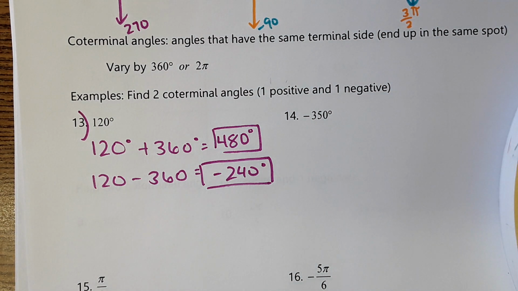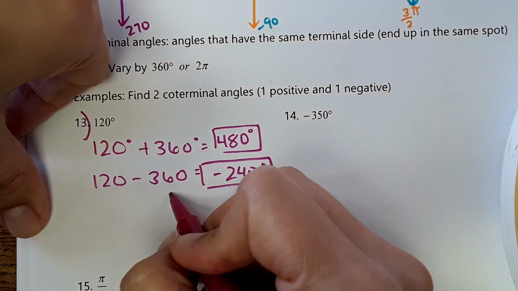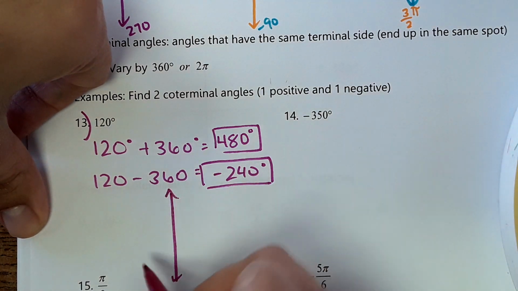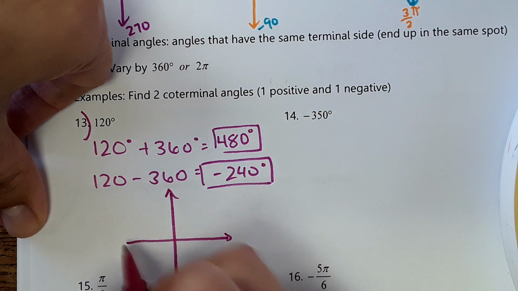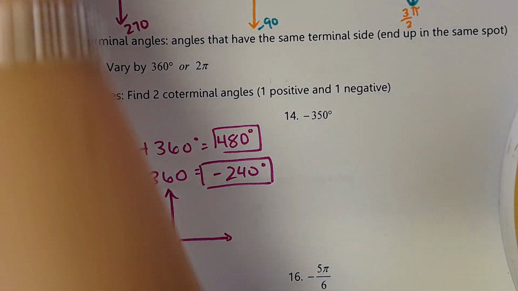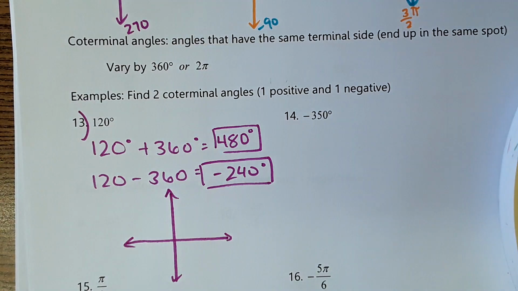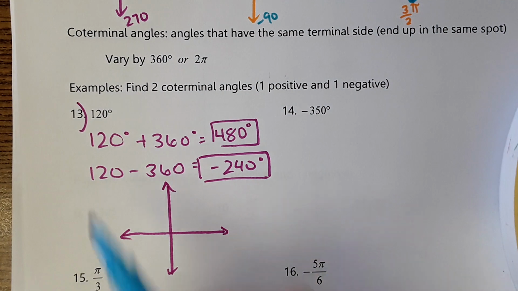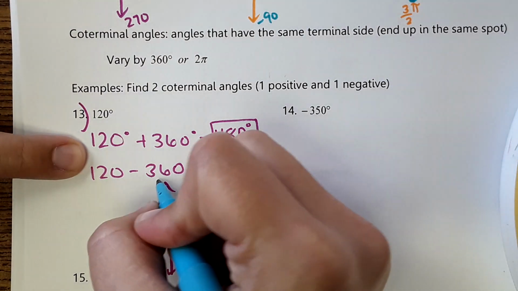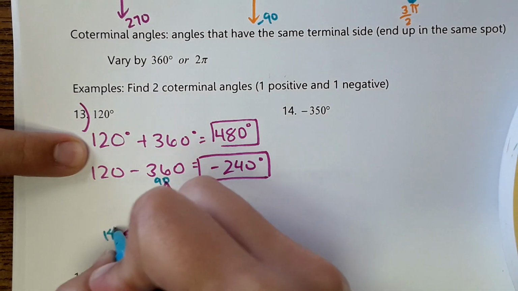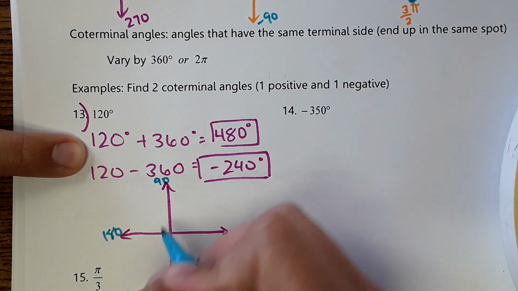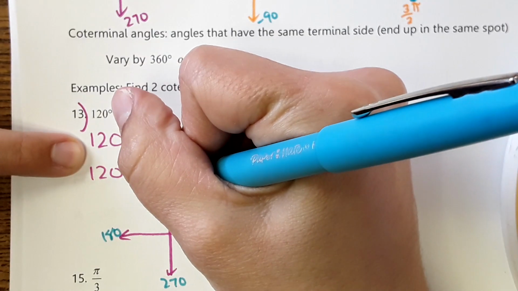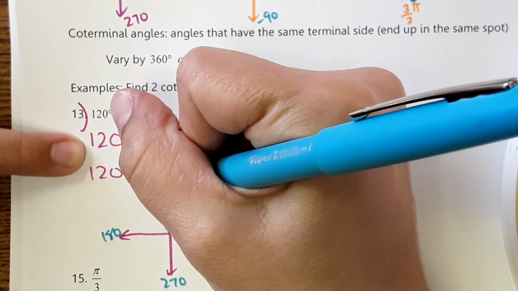What the heck do those angles even mean, though? Let me show you. So here's a coordinate plane. Okay, if we were to graph the 120 degrees, remember this is 0, 90, 180, 270. So if we were to graph the 120, it would be right here.